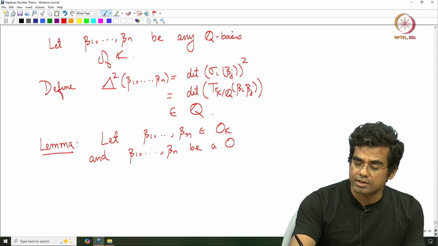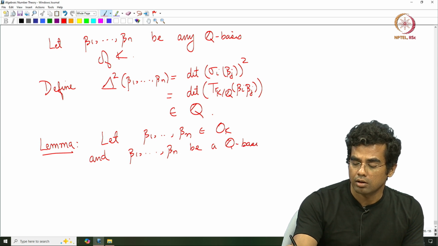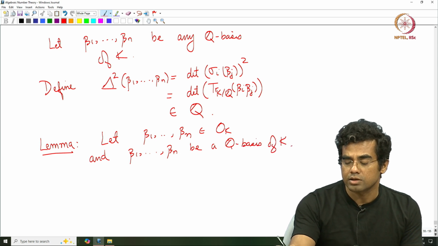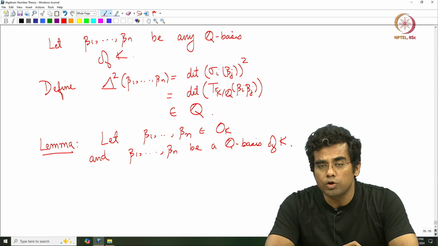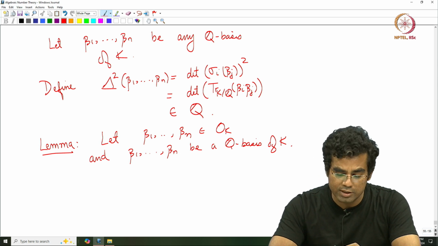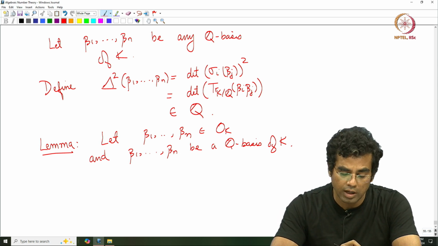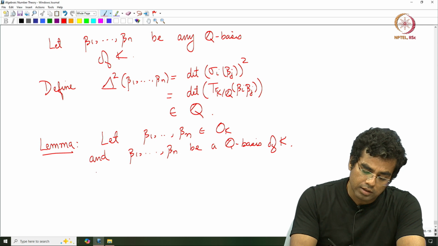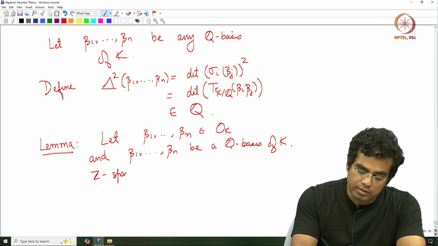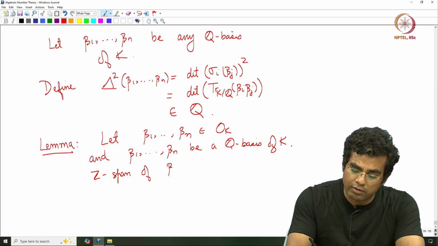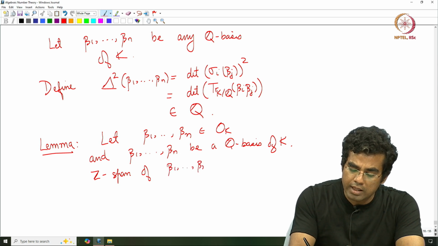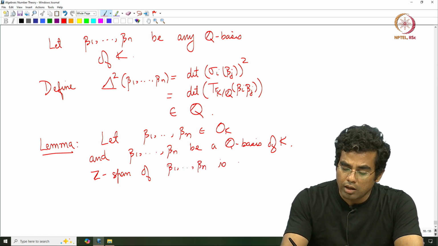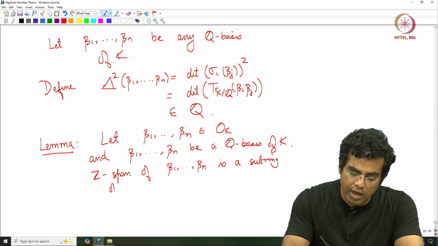So, they are algebraic integers, and beta 1 up to beta n be a Q basis of K. So, you are taking a Q basis of K consisting of algebraic integers beta 1 up to beta n. So, if I take the Z span of beta 1 up to beta n is a subring of OK, right.